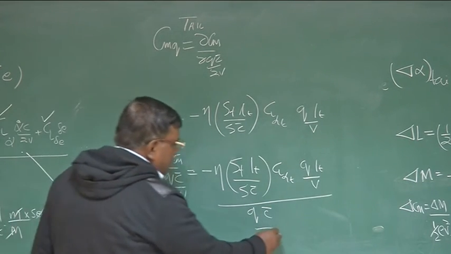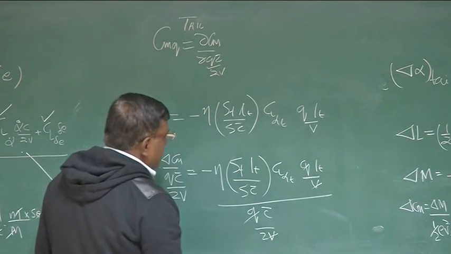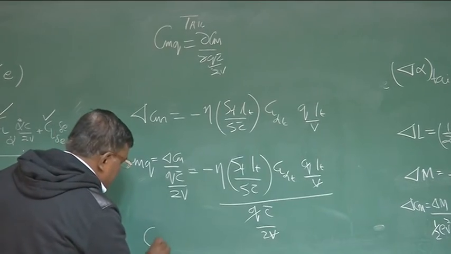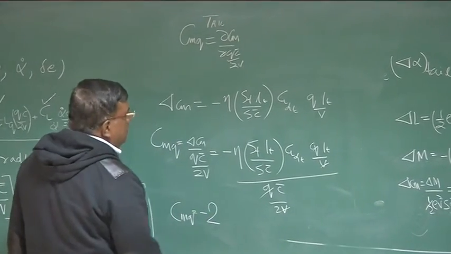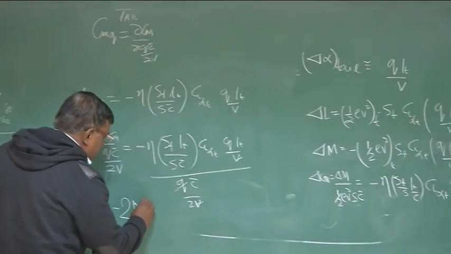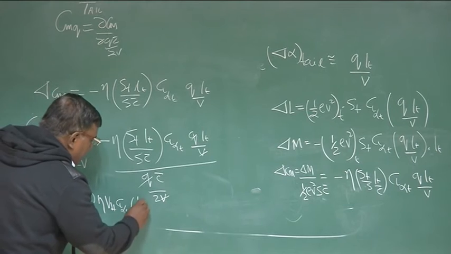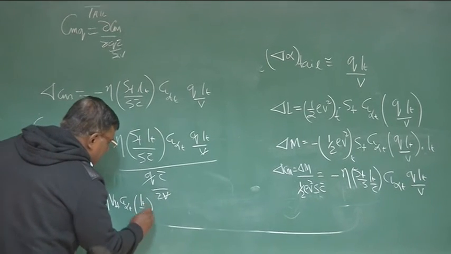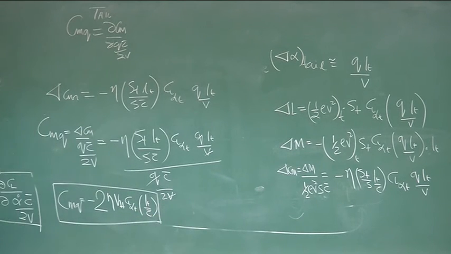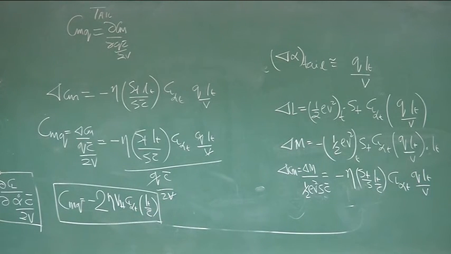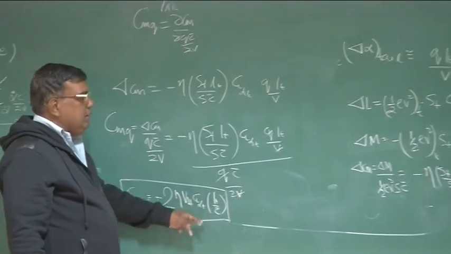You could see V gets cancelled, Q goes away. So you have CMQ as minus 2 eta V_H CL alpha tail into L_T by C bar. Such a neat expression. What is CMQ? CMQ is minus 2 eta V_H CL alpha tail L_T by C bar.